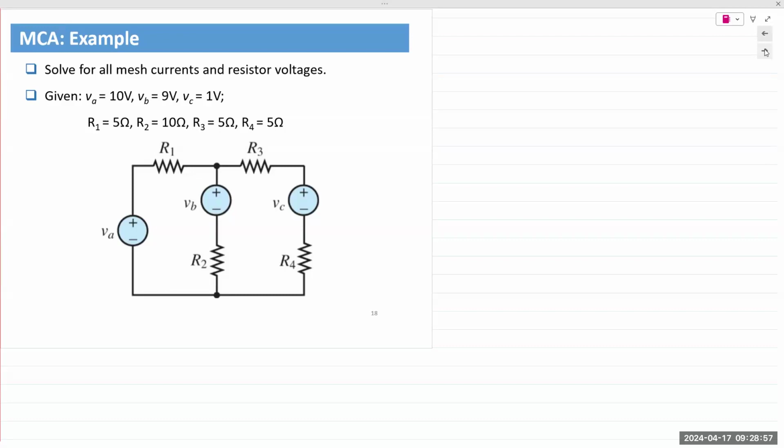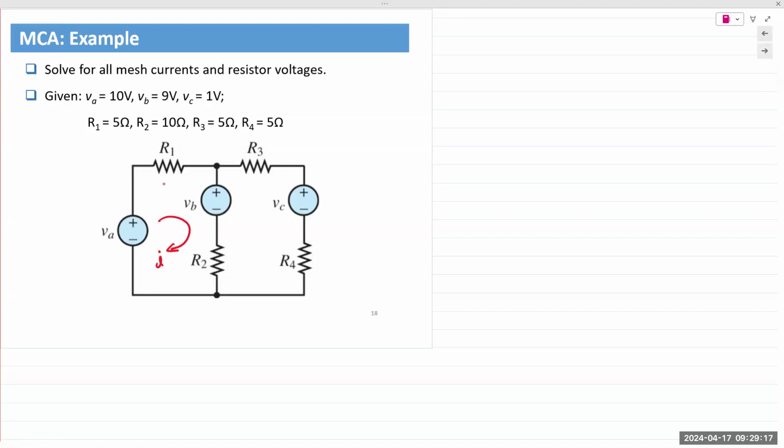Okay, how many meshes do we see? Calculators out. This is not going to be that difficult. How many meshes do we see? Two, right? Meshes are easier to identify: closed loops that do not have any other loop in them. Then, as usual, I'm going to choose mesh currents with a clockwise direction.